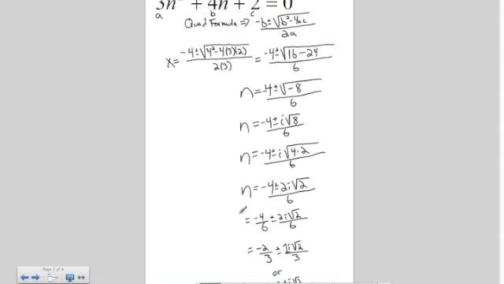And it's not x, it's n, because our variable was n.